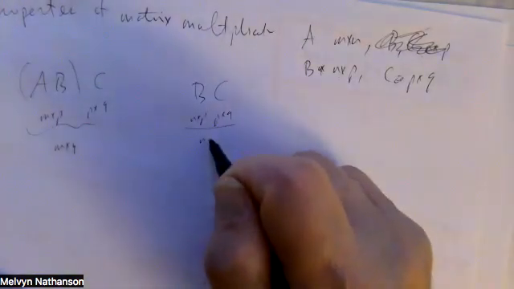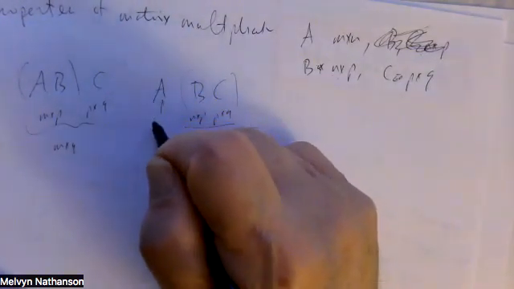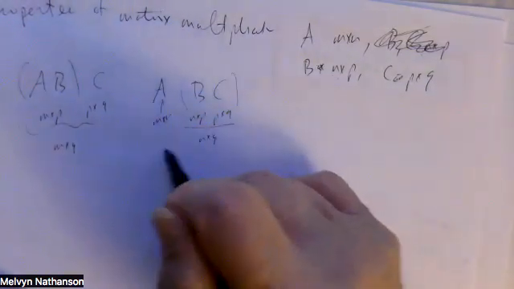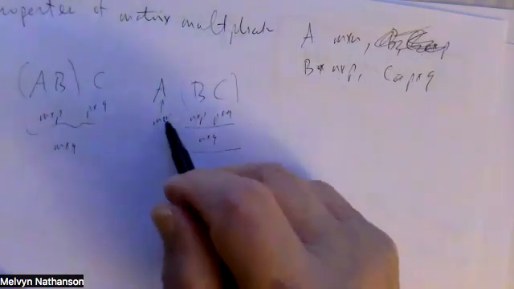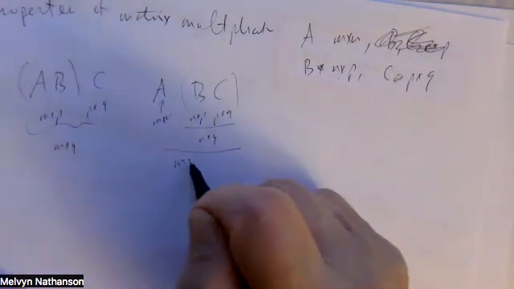On the other hand, if I look at B and C, B is n by p, C is p by q, so this product is defined, and it's an n by q matrix. And I can multiply that on the left by A, which is an m by n matrix. So the result, m by n times n by q, is m by q.